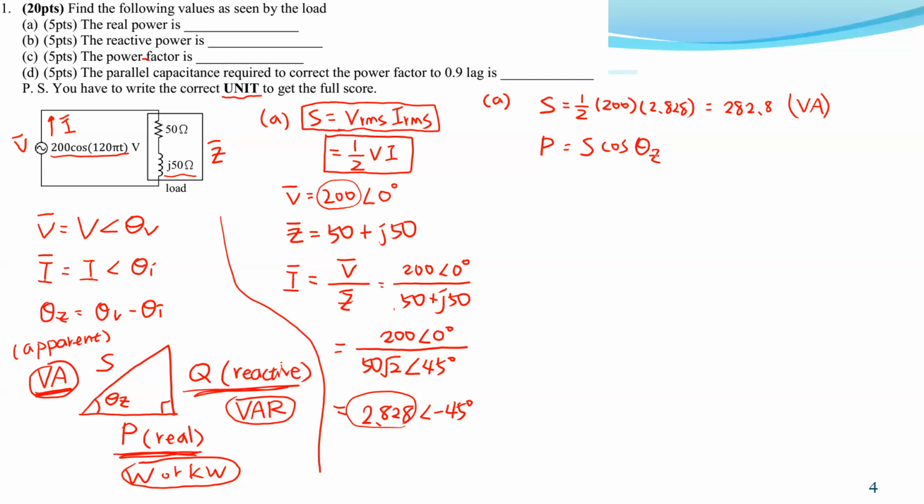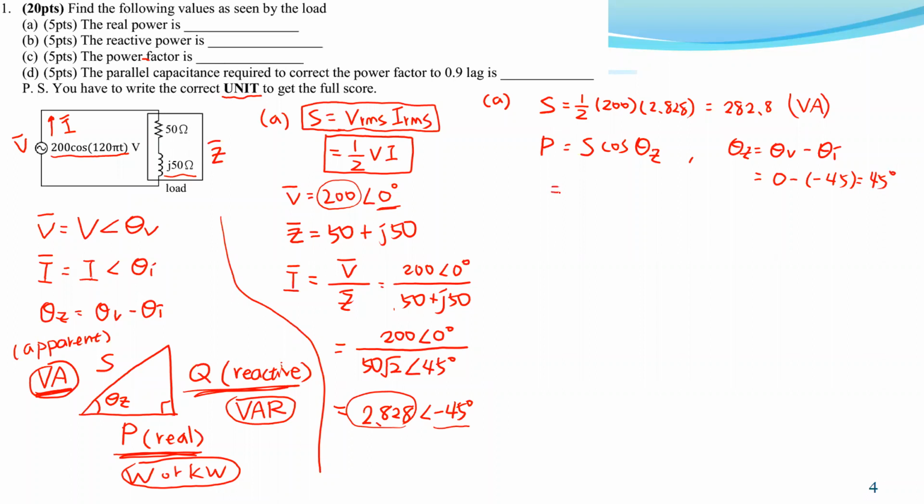Okay, so theta z. Because theta z is theta v minus theta I, theta v is 0 here and theta I is minus 45, so theta z is 45 degrees.